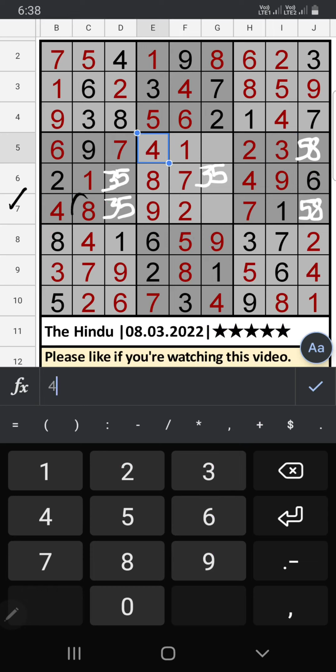Seventh row, we have 8, so 8 can't come in this cell. 8 is confirmed here, then 5 is here. Since 5 is here, 5 can't come in this cell. 5 is confirmed here, then 3 is here. 6th row, only one number is remaining, 3. 3 is confirmed here. Column G, 2 numbers are remaining, 5 and 6. Fifth row, we have 6, so 6 can't come in this cell. 6 is confirmed here, then 5 is here.